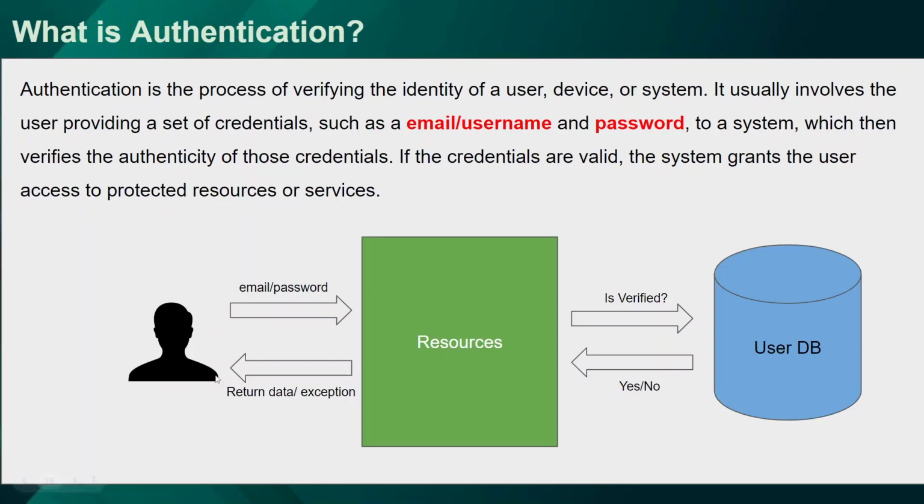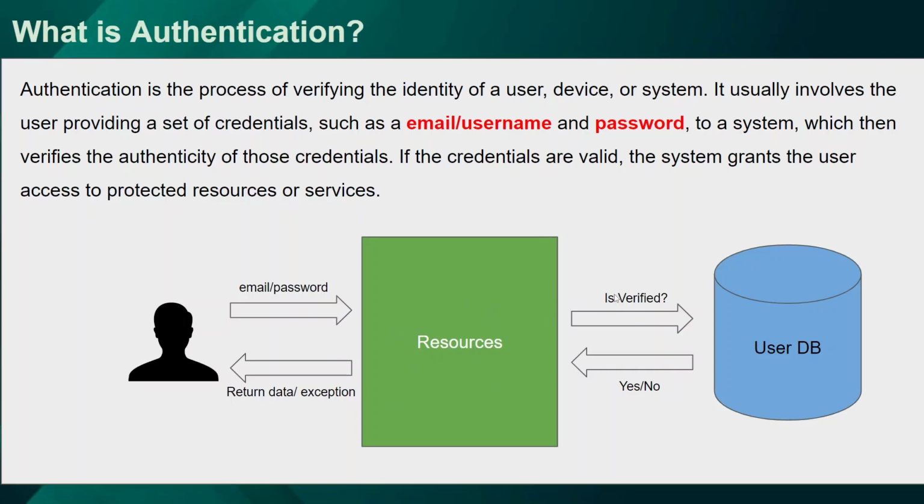If you look at this diagram, you can see that first, as a user, you will enter your email and password as credentials to get access to specific resources available on a server. What the server basically does is, first it will check your user database and identify whether your credentials are correct or not.